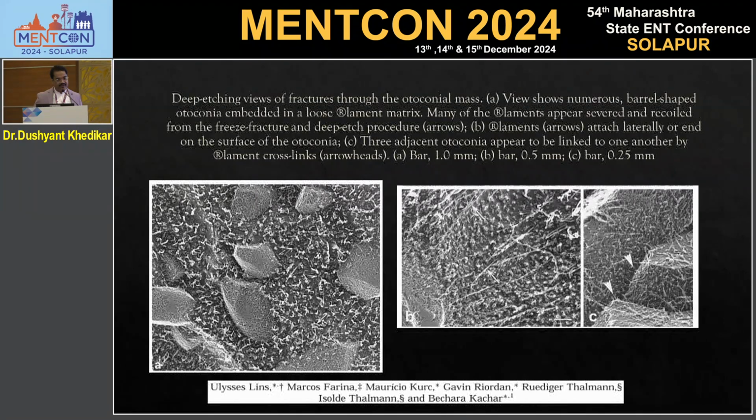These are the otoconia, and the otoconia are embedded in a matrix of a gel which is formed by glycoproteins. So the macula is a combination of calcium carbonate crystals which are rhomboid, hexagonal, and they are gelled together by glycoproteins primarily.